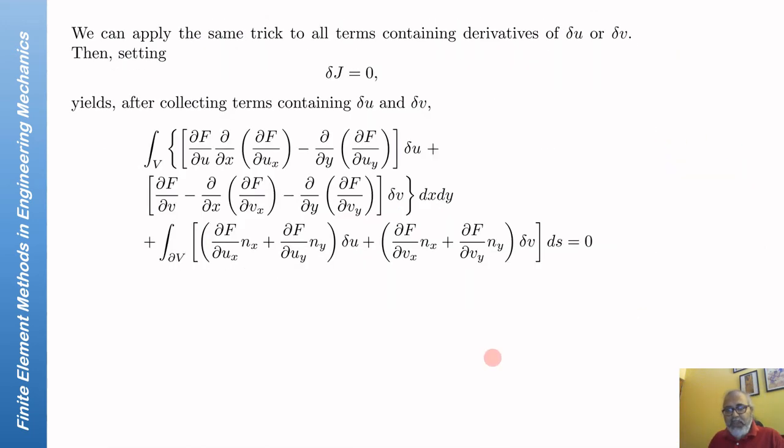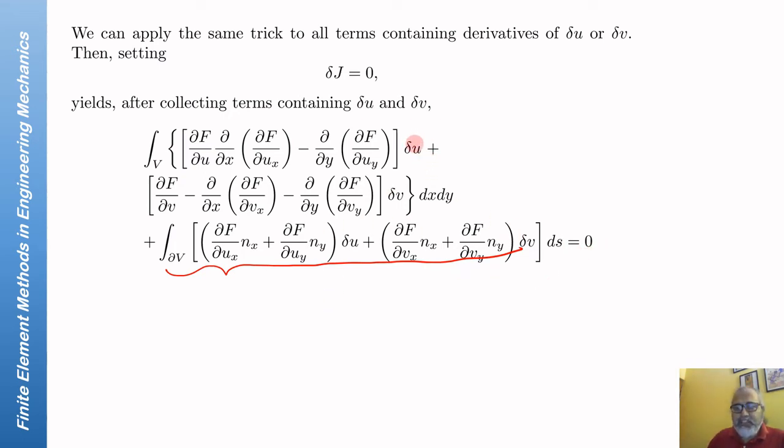If you write the terms together and collect all the delta u terms and the delta v terms and all the surface terms, I have calculated all the surface terms that I have got, and then delta u terms and delta v terms, and this has to be equal to 0.